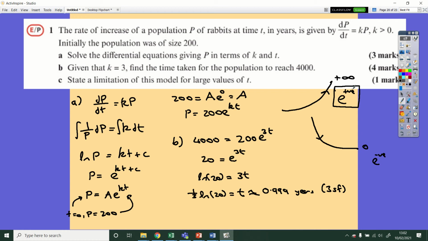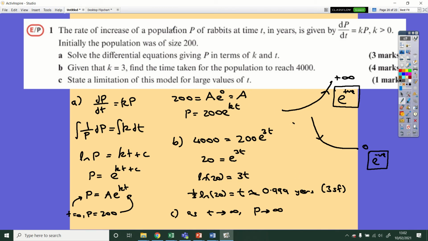Okay, e to the power of something positive gets very big, and e to the power of something negative gets very small. So in this case, we've got e to the 3t. So as this is for part C, as t goes to infinity, we're going to have p goes to infinity because it's e to the power of something positive, which isn't feasible, is it?